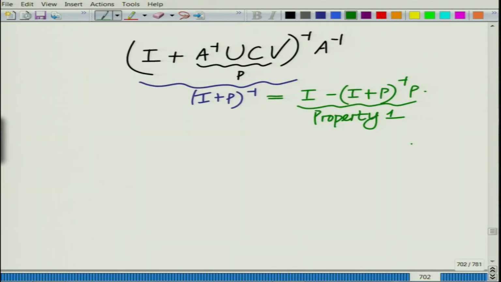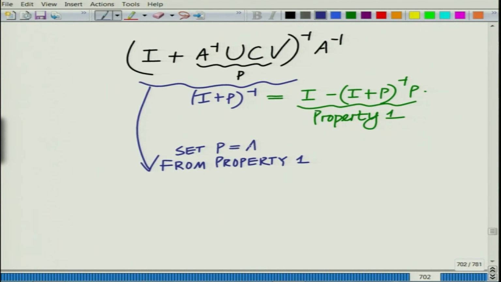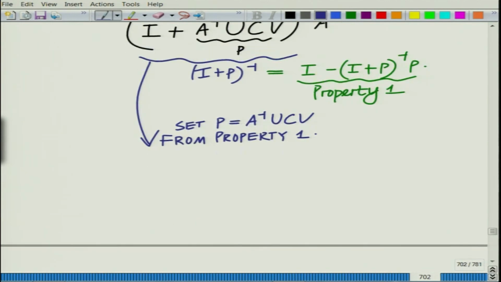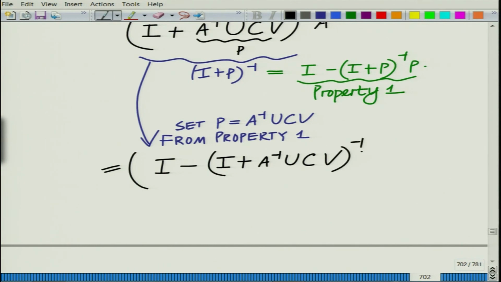So, from property 1, after we set P equal to A inverse UCV, this reduces to, in the brackets, I minus (I + P) inverse times P, which is A inverse UCV, and outside, remember, you already have an A inverse that remains.